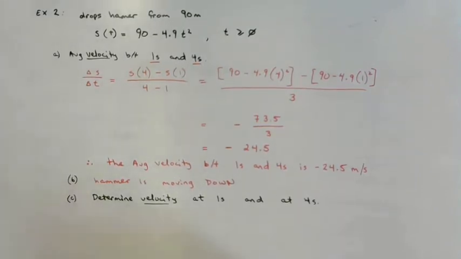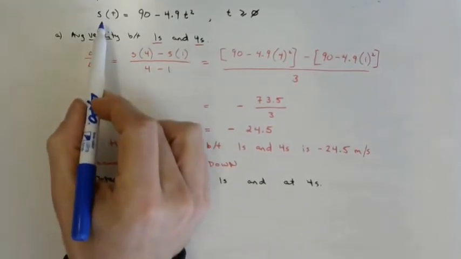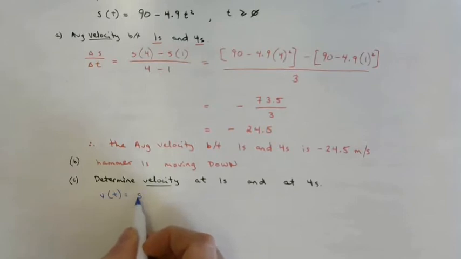So to determine the velocity, we are taking the derivative of our height function, our displacement function. Just a note, since v of t is equal to the first derivative of the displacement function, we need to first take that.